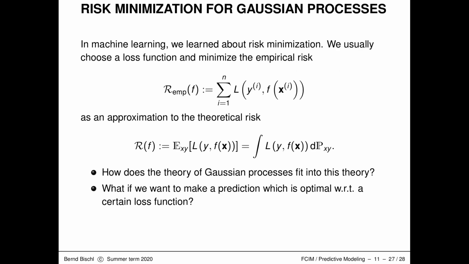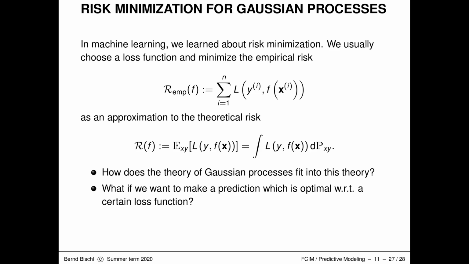Okay, a few final words on decision theory for GPs. I'll keep this super short. So until now, we really haven't talked about loss functions, as we did before when we said that nearly every machine learning model is optimized with respect to a loss function and tries to drive down the empirical risk. So Gaussian processes I introduced through this Bayesian perspective, but we can still make use of such a loss function and minimize the empirical risk with respect to a certain given loss function.